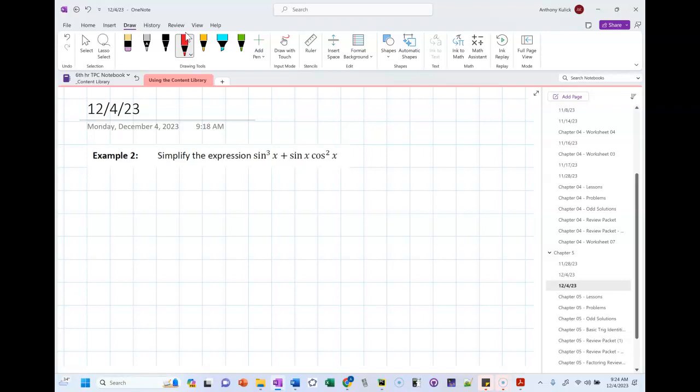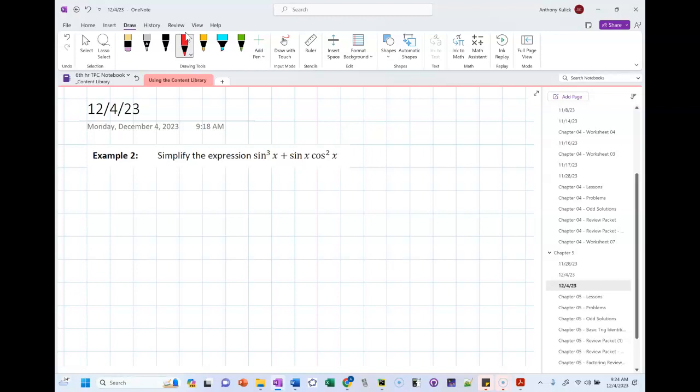So when I look at a fresh problem like this, usually the first thing I'm going to do is look for any kind of algebra thing to do. The algebra things I'm thinking of are factoring, foiling, combining like terms, making a common denominator, reducing a fraction.